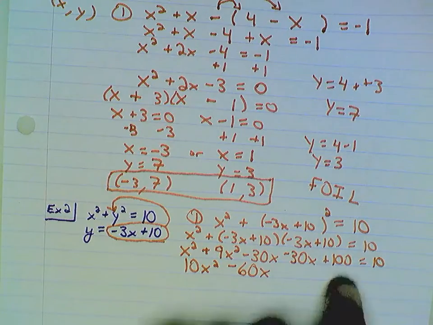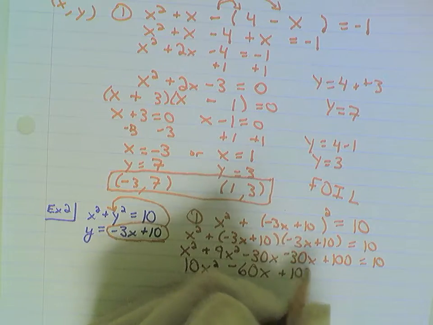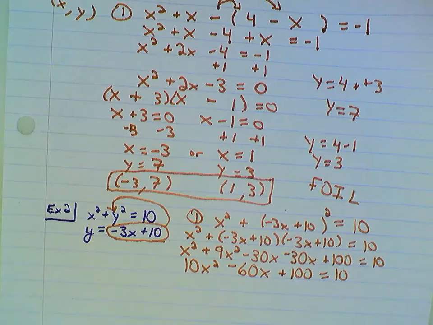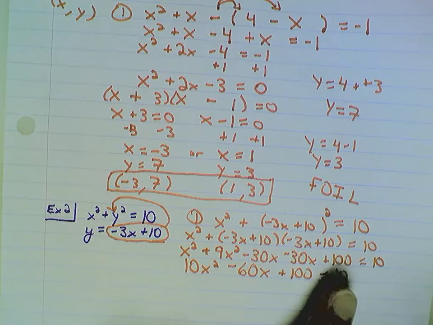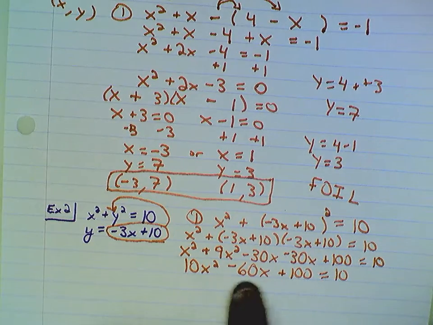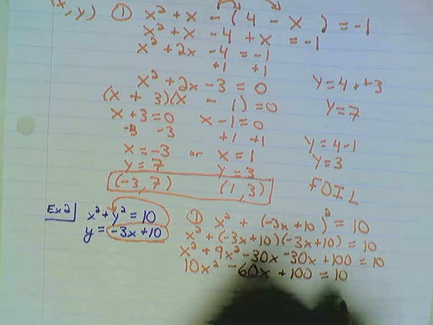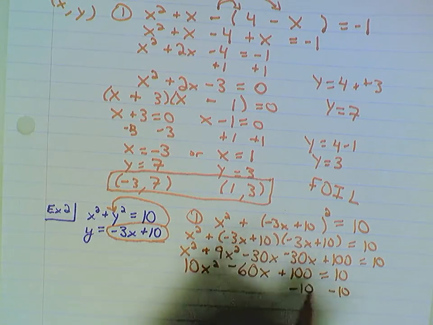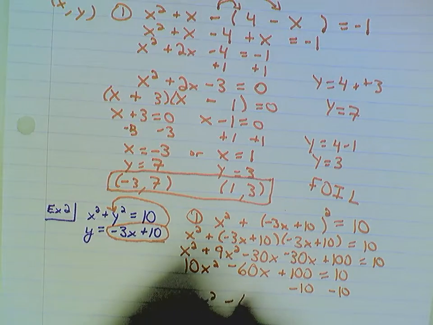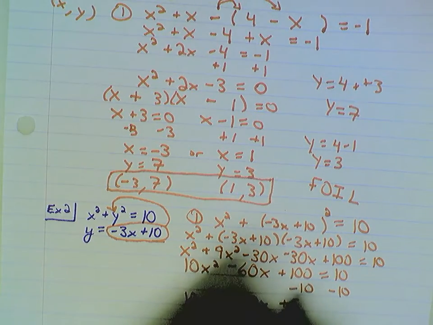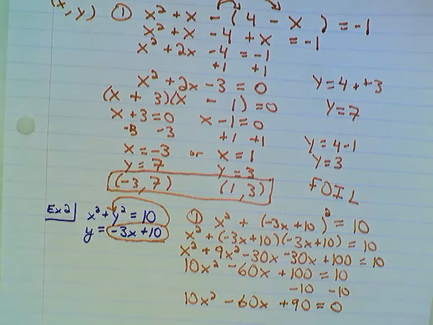And then I have a plus 100 on the end. And it's still equal to 10. Anytime I want to solve an equation, more times than not I want to get everything on one side of the equation. So in this case, I'll subtract 10 from both sides. This will leave me with 10x squared minus 60x plus 90 equals 0.